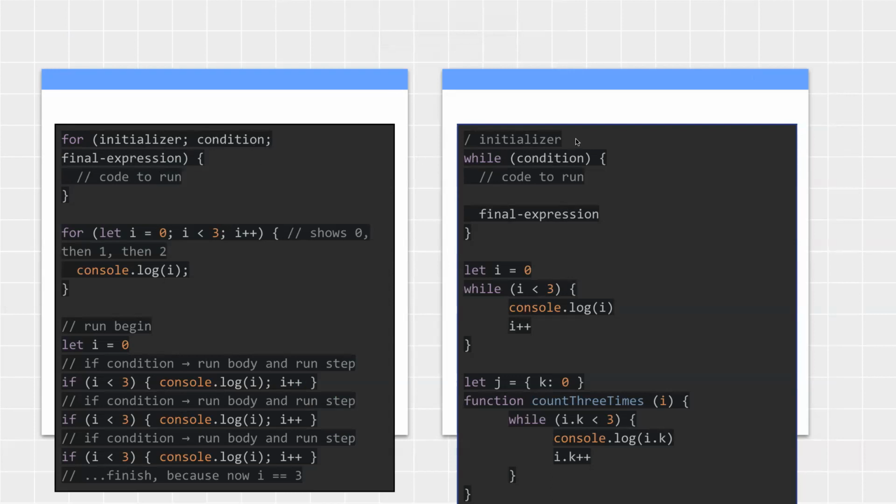In the while loop, we have only a condition. So for example, take the example in the middle: i equal to 0, while i is less than 3, and then we keep incrementing i. So we can do the same in a for loop, right? So what is the difference, why should I use while instead?